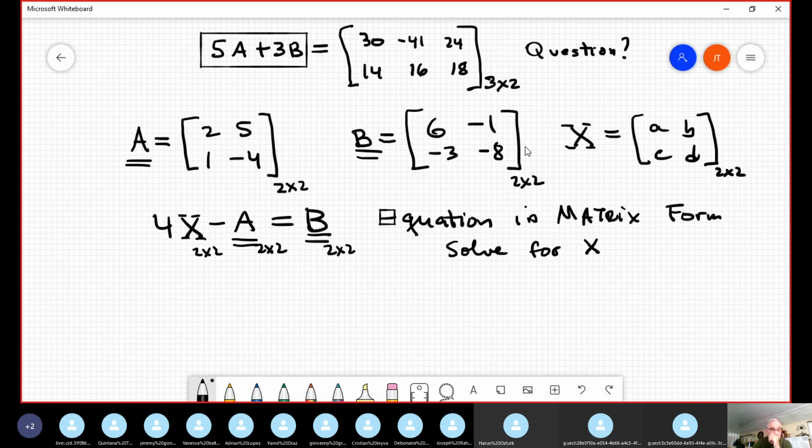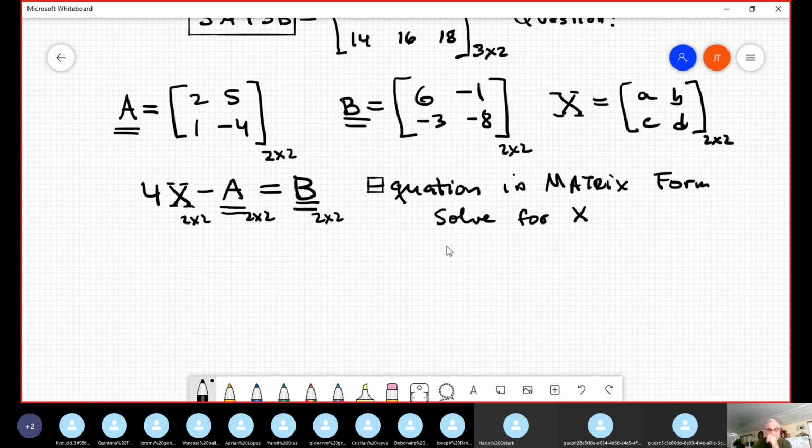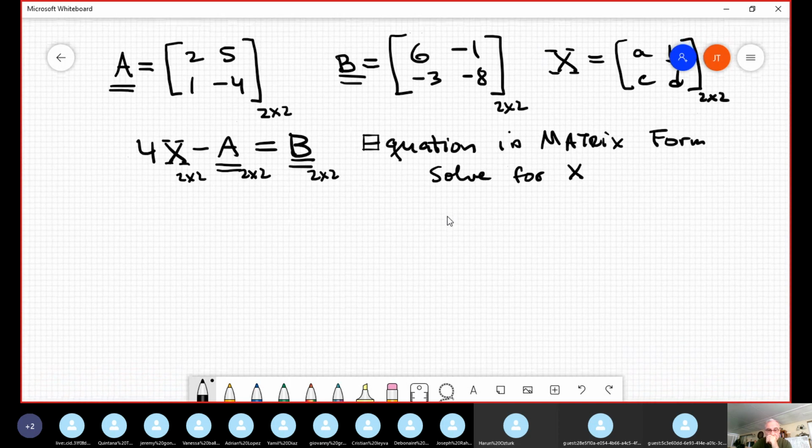So we are doing exactly the same as, or similar to, elementary algebra. You bring A to the other side by addition. 4 capital X is equal to A plus B. This is a new matrix, A plus B, which is 2 by 2 also.